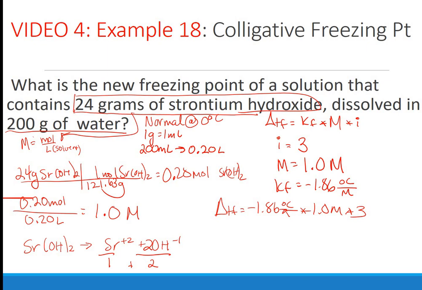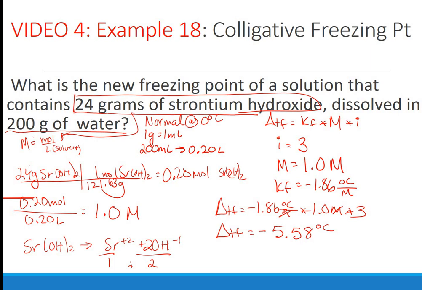So our delta Tf ends up being negative, because negative 1.86 times 1 times 3 gives us negative 5.58. And again, that unit's degrees Celsius because our M's cancel out and the i doesn't have a specific unit.